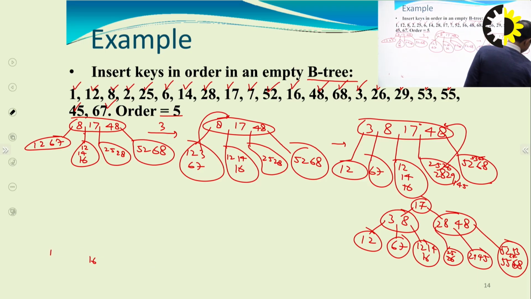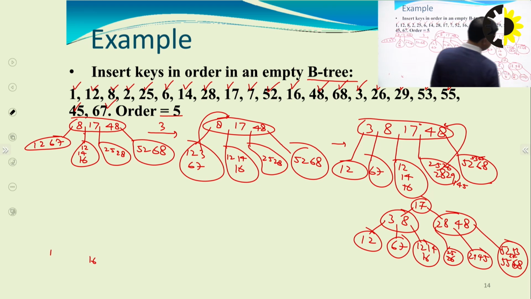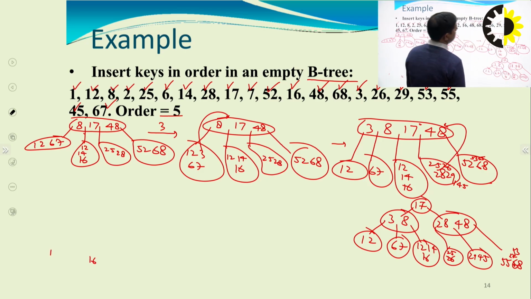Then in that case, we are inserting 67 here, 52, and 55 will go here, and in that way we can perform the action.